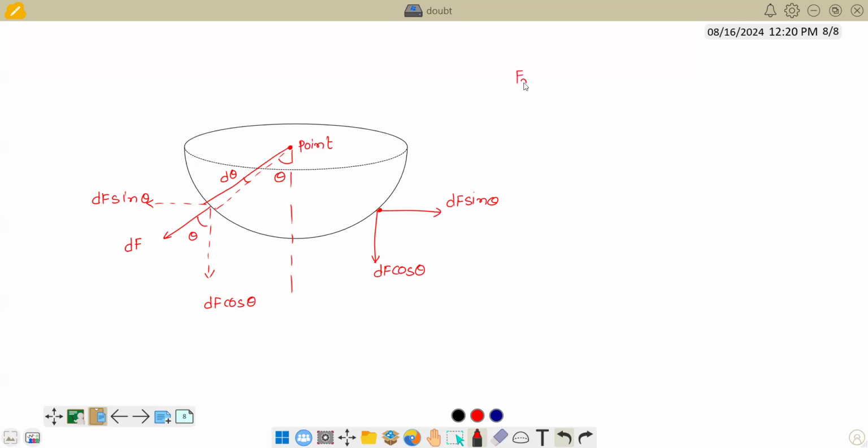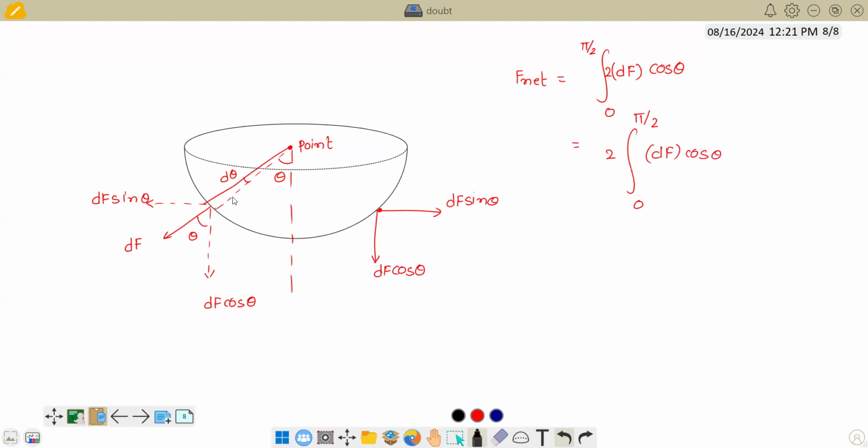So the net force would actually be the integration of 2 dF into cos theta. Now, what are the limits of this? The least value of theta possible is 0. The largest value of theta possible is pi by 2. So we can write 2 outside, integral 0 to pi by 2 dF cos theta.